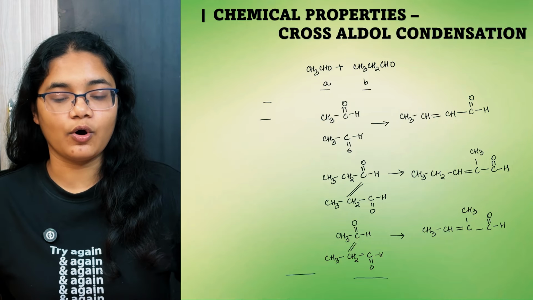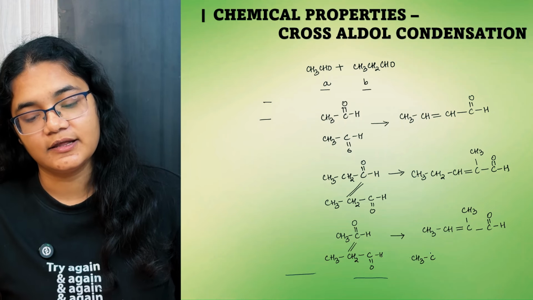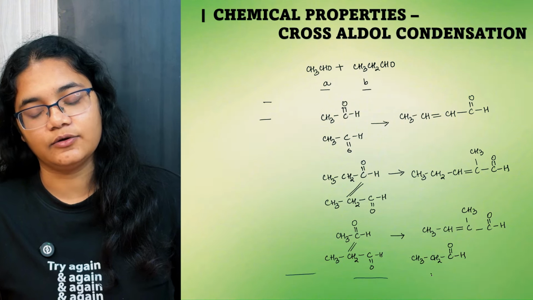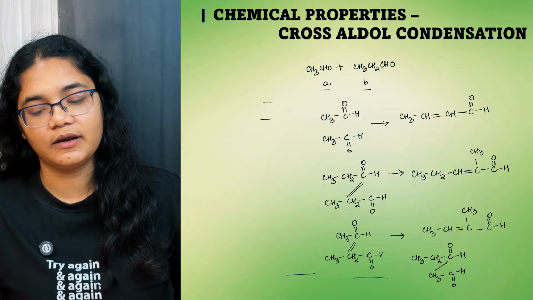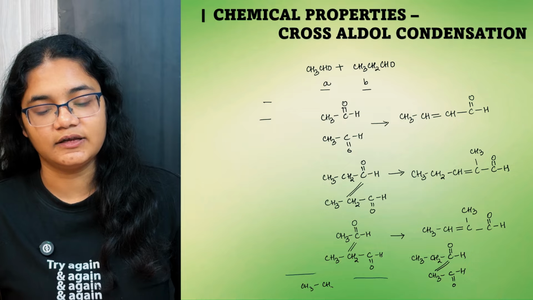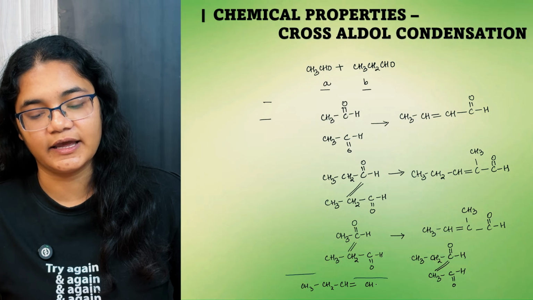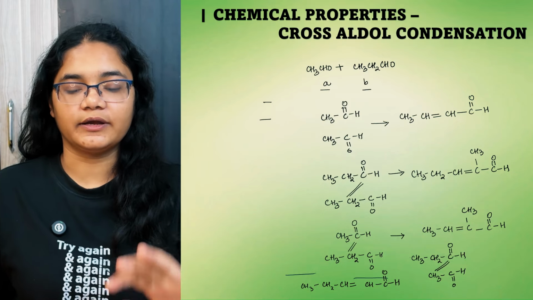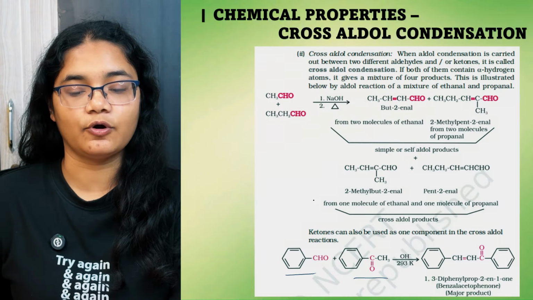And when you have the opposite one, where CH3CH2CHO reacts with CH3CHO, again a double bond will form, so that will give me CH3CH2CH double bond CHCHO. Like this you can write the product. So this was just a trick, you can follow it to get the products quickly.